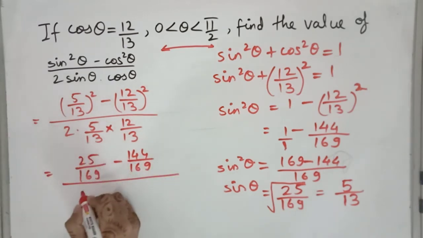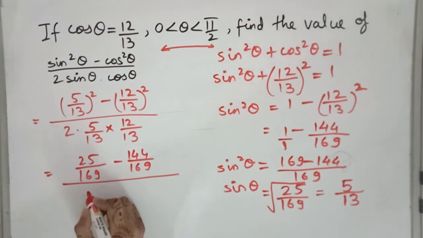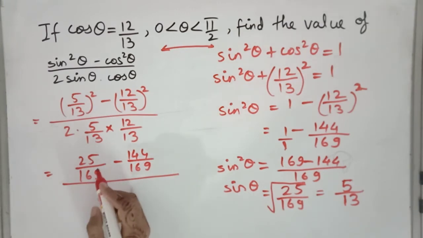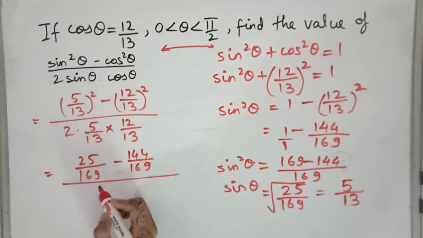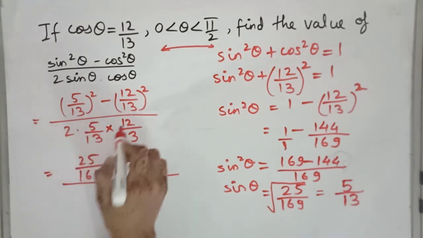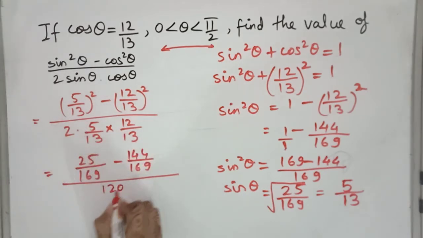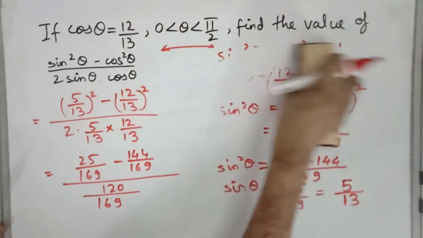In the denominator we have 2 into 5 into 12 upon 13 into 13, which will be 169. 2 5s are 10 into 12 is 120 upon 169. Now we will subtract.